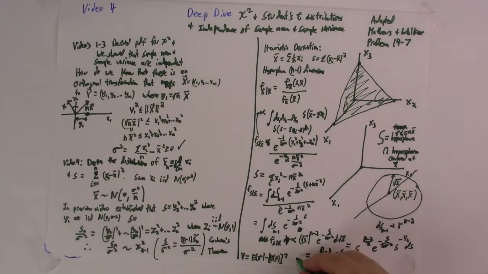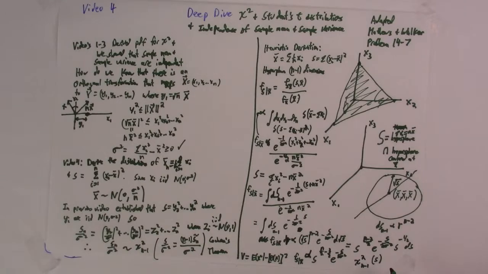This is the sample distribution of s given x bar. It shows it's independent because there's no x bar here. And it's proportional to this. And if you look at this, you'll notice that this is just a chi-squared n minus 1 distribution of s.